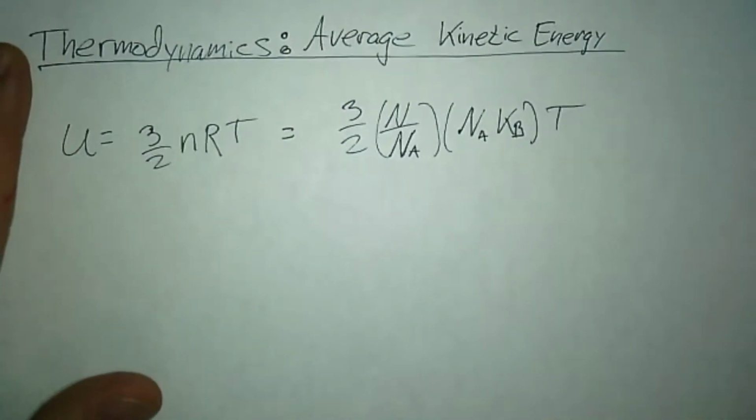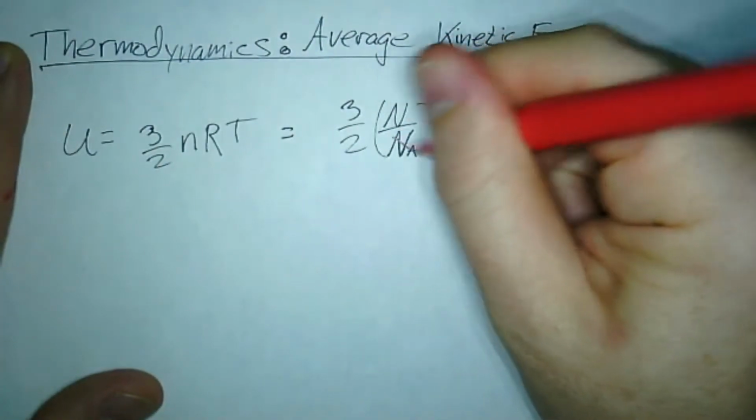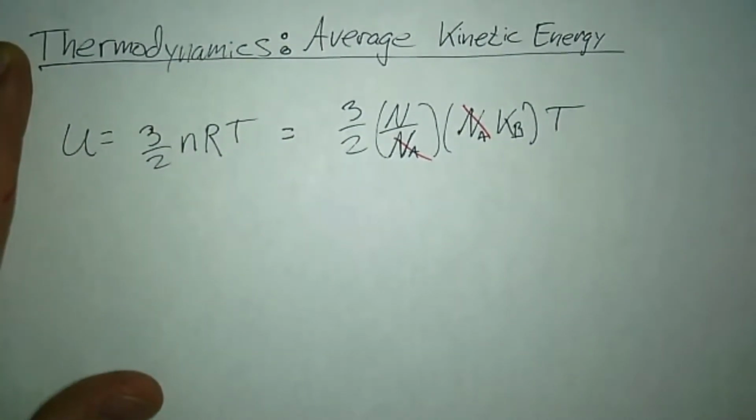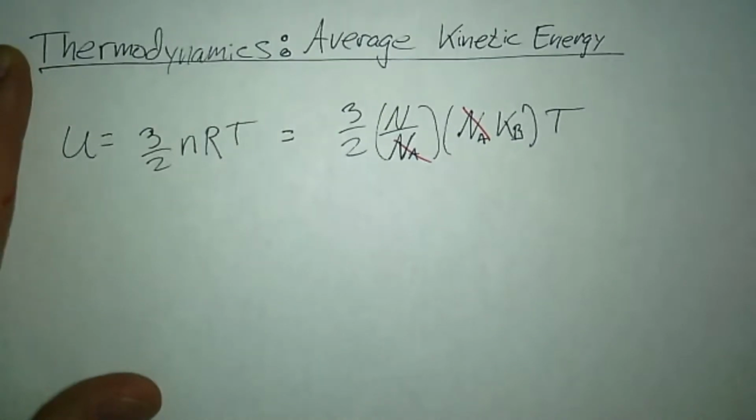So we can cancel those two Avogadro's terms out, and then have a different way of writing this equation.